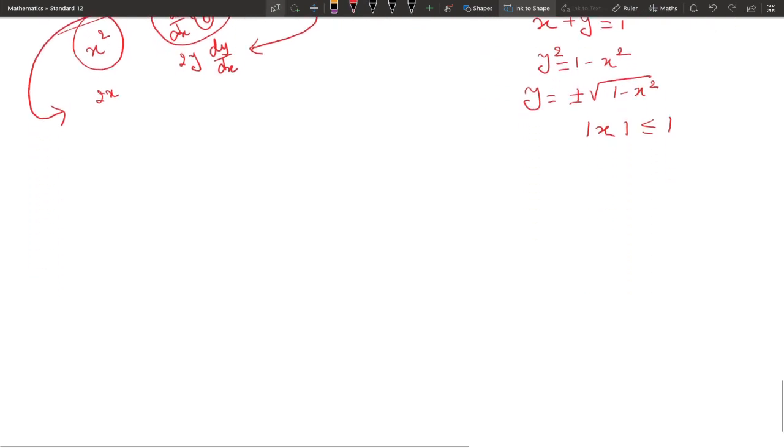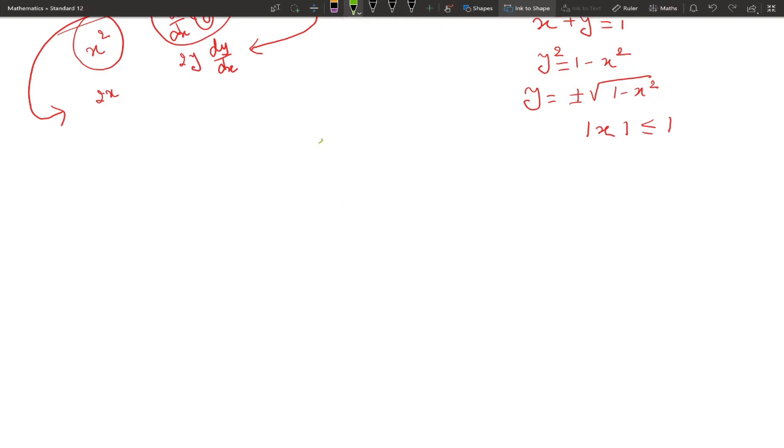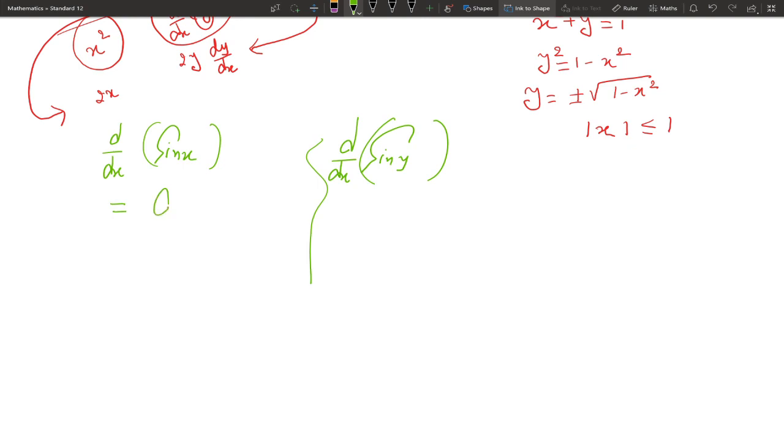We take another example. For example, we take two different things, sin x and sin y. Suppose we are going to differentiate both with respect to x, d by dx of sin x, d by dx of sin y. Here derivative of sin x is cos x, that's all. But here y you have to consider as an implicit function of x.